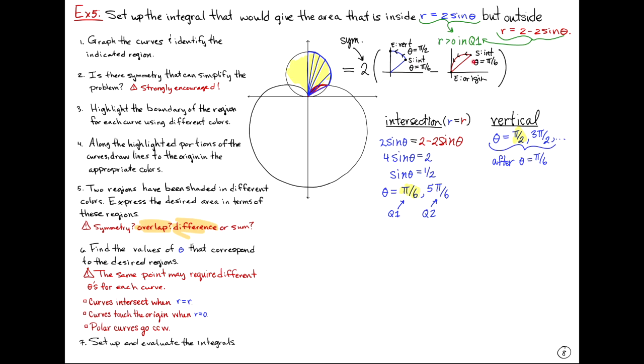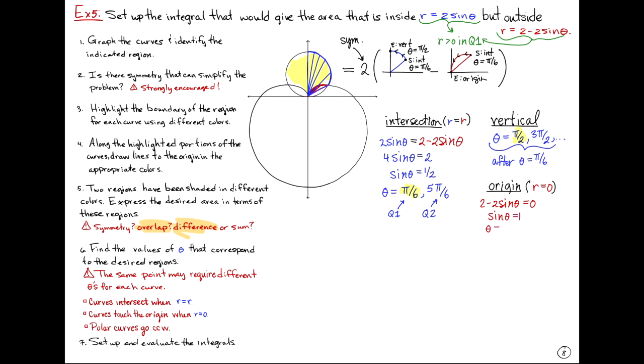To find where our cardioid ends, we need to know when 2 minus 2 sine theta intersects the origin, which means we should set r equal to 0. 2 minus 2 sine theta is equal to 0. Adding 2 sine theta to both sides and then dividing by 2, we have sine theta is equal to 1.